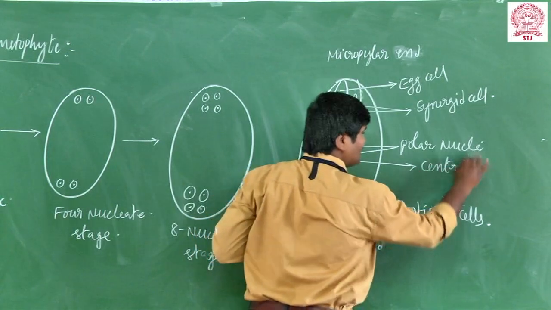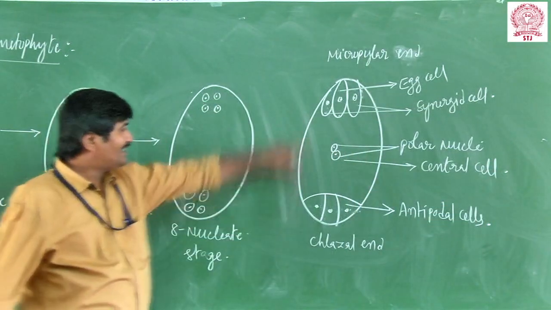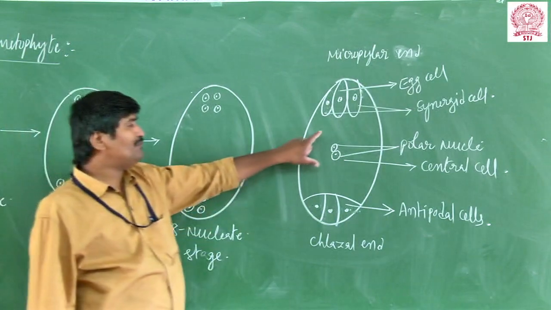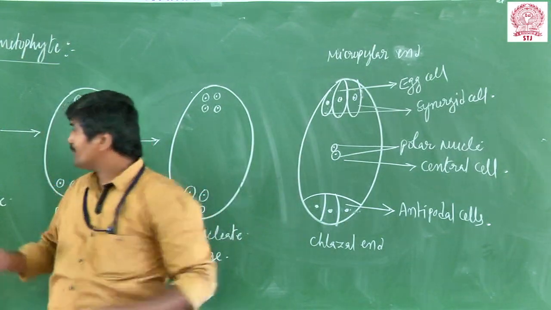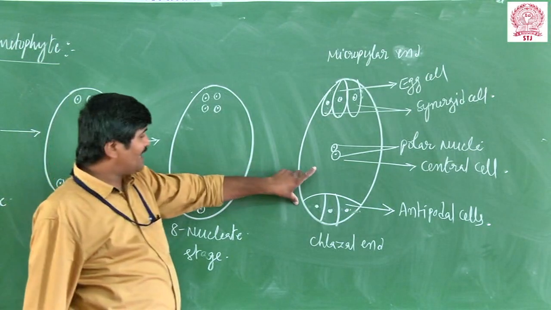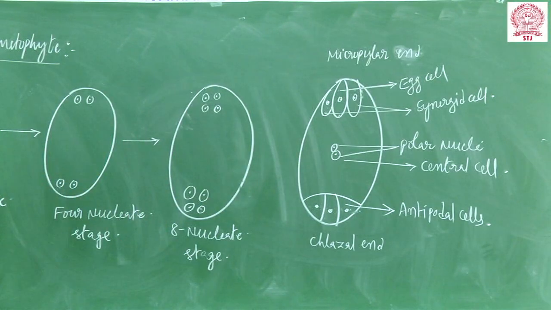It is the central cell. It is the female gametophyte. This female gametophyte is developed from a single megaspore. That's why this embryo sac, developed from a single megaspore, is known as monosporic development.